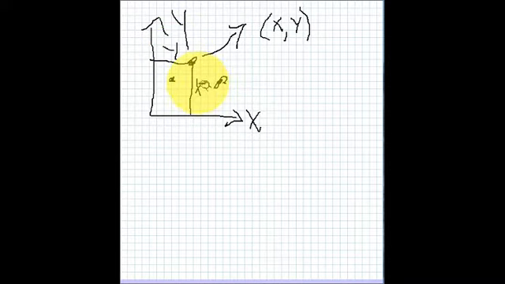Oop, I did that backwards. This is going to be x. This is so messy. Okay, well that's going to be x and that's going to be y. I think you know how to do this anyway, but I'm just pointing out how to find the coordinates of points. That's how you say it, the coordinates of points. And that should be all for graphs.